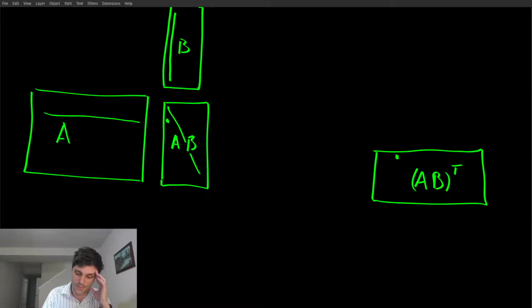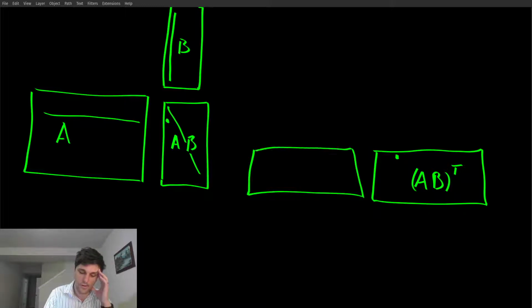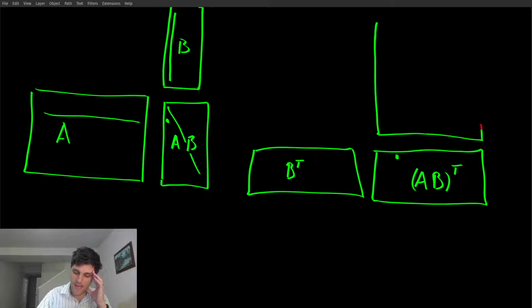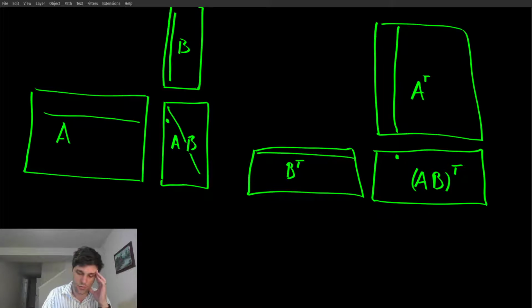So I'm going to have to put the B over here to be B transpose, right? And I'm going to have to get the A transpose over here somewhere, so that now that individual element that I picked out is this row of B transpose and this column of A transpose.